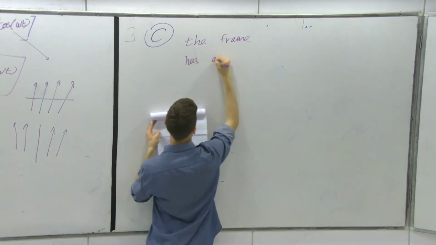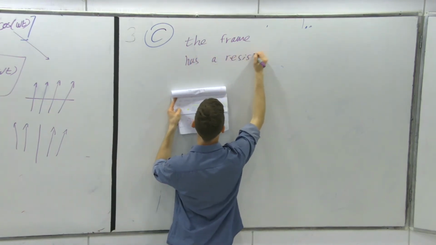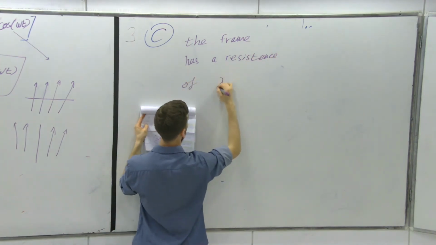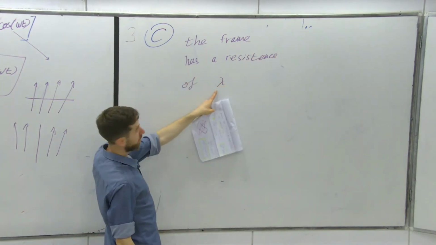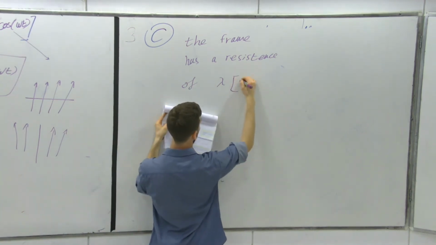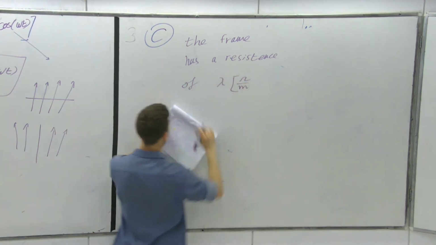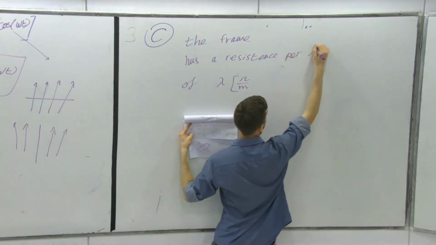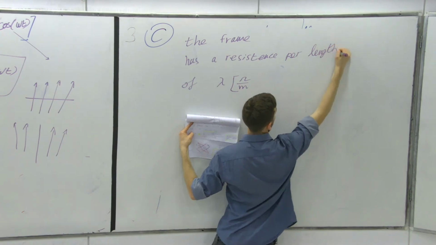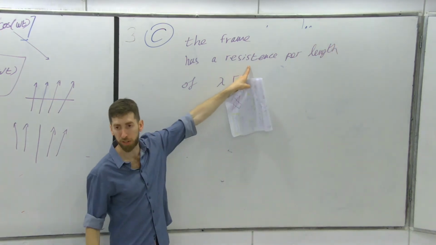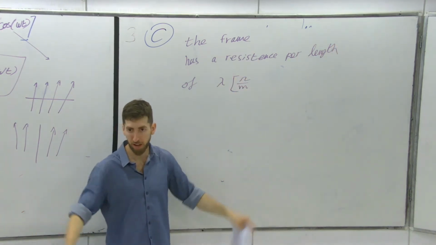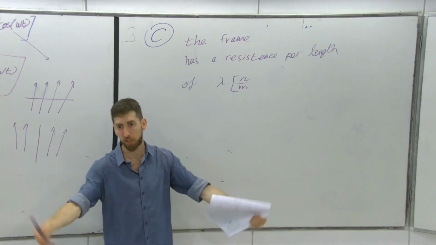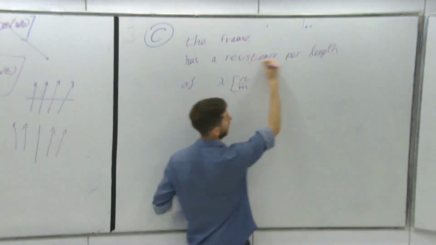The frame has a resistance per length, lambda, in ohms, which is a really nice way to measure resistance. You have a big piece, you know the material, you check the current and the voltage, and you know the resistance per length.